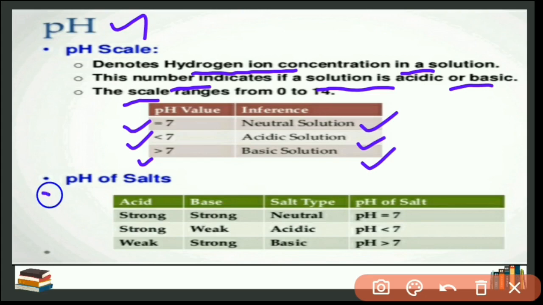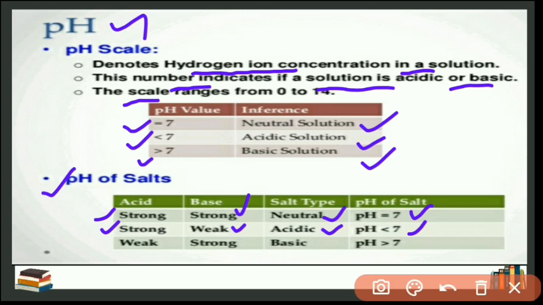pH of salts. So how can we determine the nature of a salt? When we add a strong acid to a strong base, they neutralize the effect of each other and form a neutral salt, and its pH value is 7. When we add a strong acid and a weak base, the strong acid nature is dominant, so the salt is acidic and its pH value is less than 7.